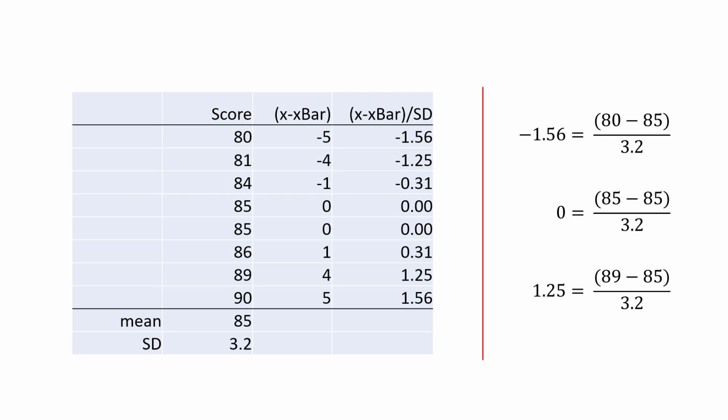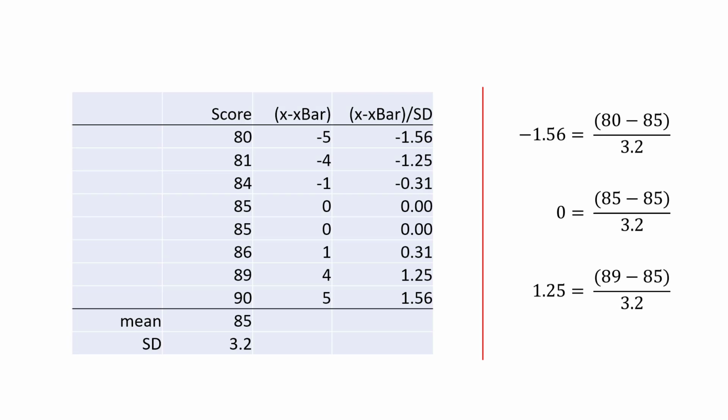In the first example, we subtract the mean, 85, from the raw score 80, which gives us a -5. Divide that -5 by 3.2, and you get -1.56. -1.56 is the z-score for a raw score of 80 for this data set, and 80 is about 1.5 standard deviation units away from the mean.